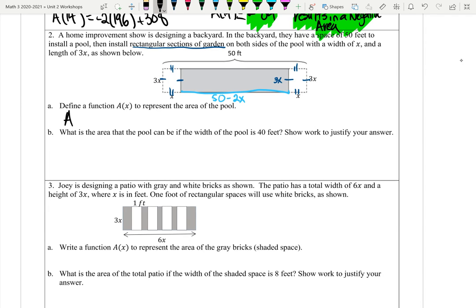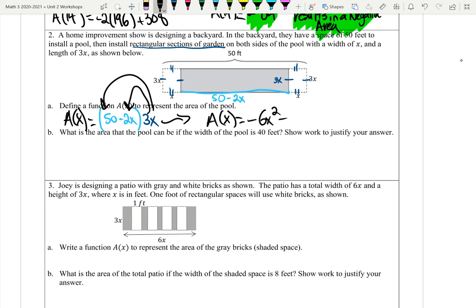So the area of this pool is going to be 50 minus 2x times 3x. Now I'm going to distribute like I did before, again going right to left. I'm going to distribute this 3x here to make negative 6x squared plus 150x.